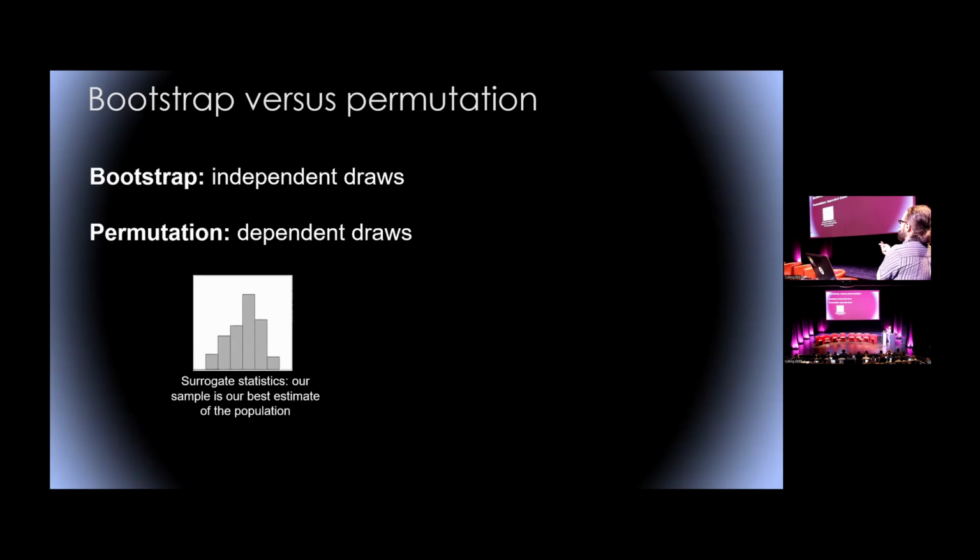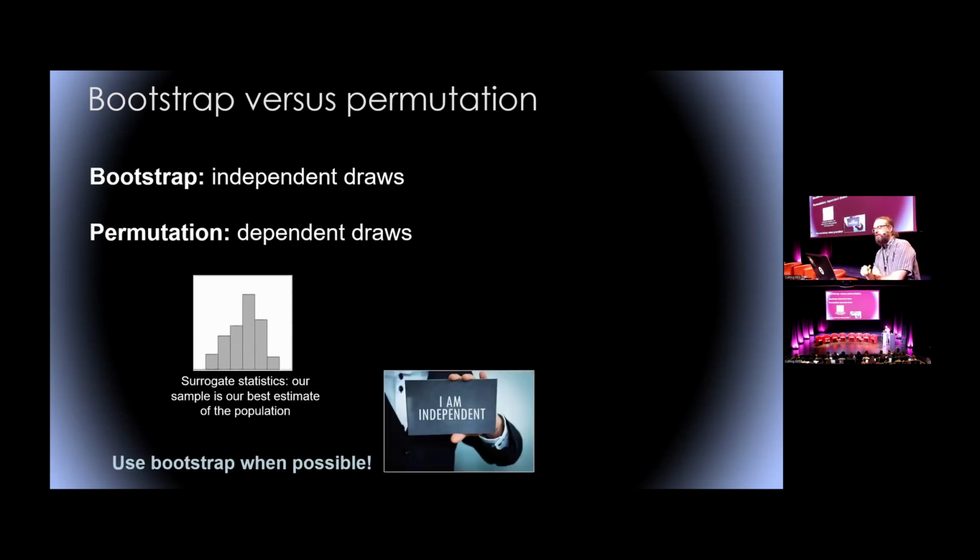And if you read Wilcox's book on robust statistics, he only has 1 page about permutation. And the reason is that from a theoretical perspective, bootstrap is more elegant and the draws are independent. So remember, we are assuming this is the distribution of our population.